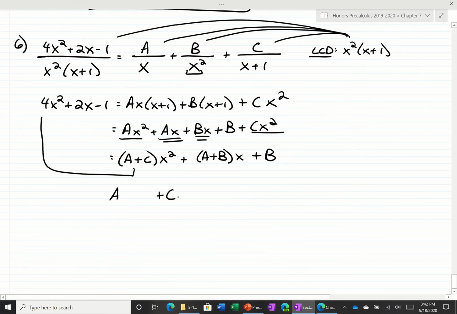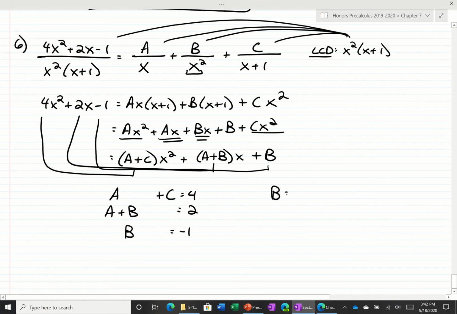So A plus C has to equal 4, A plus B has to equal 2, and B is negative 1.